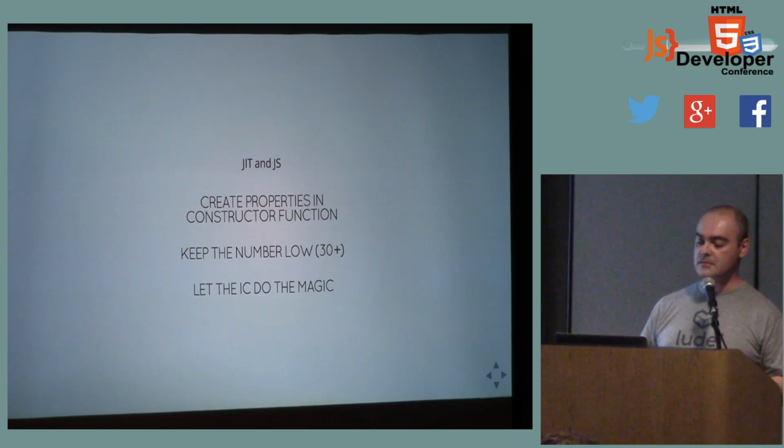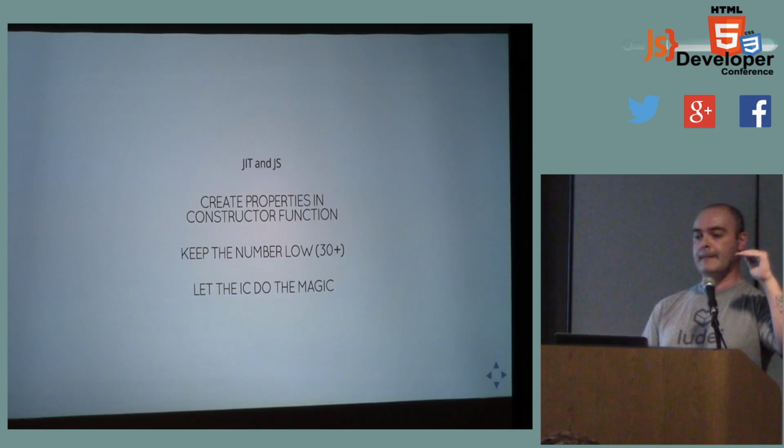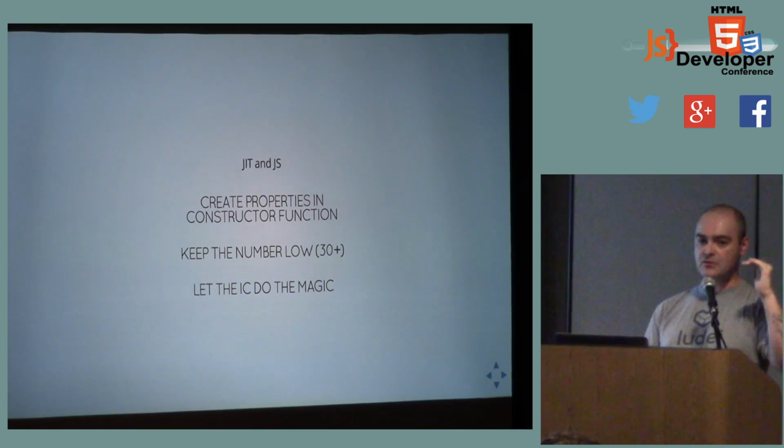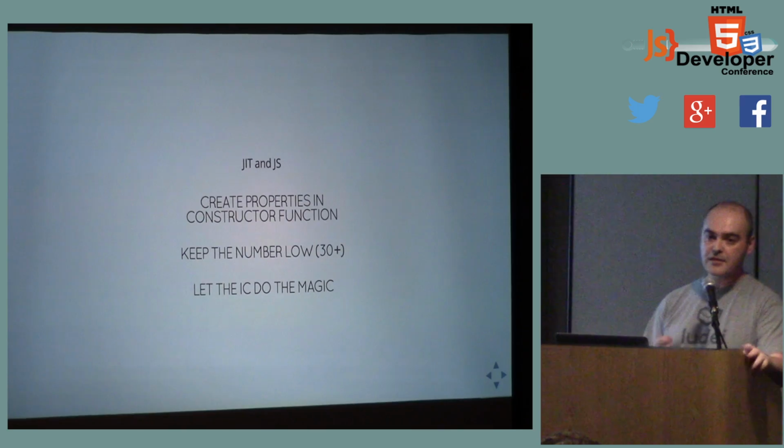Another thing is how JIT and JavaScript work, and this is quite important. There was a time not so long ago in which we were told that all your object properties and all your object functions should be in the prototype. Now that is not the case. If you see any presentation of a modern JavaScript engine, you should inject every attribute of your class in the constructor function. That statement is because of one thing.